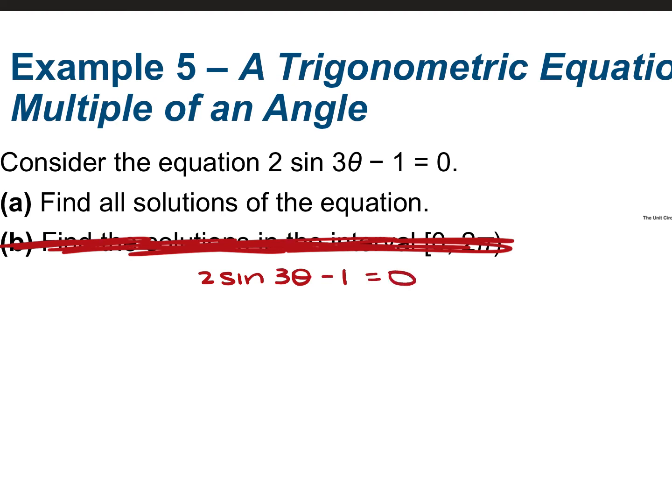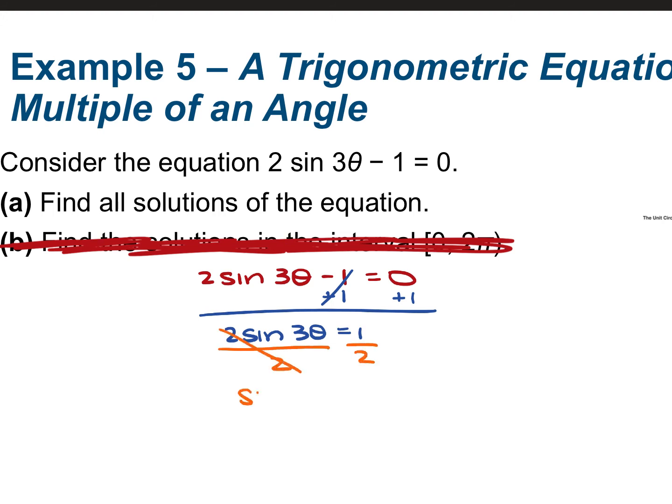So these equations differ because you have a number that's attached to theta with the original equation. For this one, you're going to isolate the sine 3 theta. So move the 1 over to start, add it to both sides. You have 2 sine 3 theta is equal to 1. Then divide each side by the 2. So you get sine 3 theta is equal to 1/2.